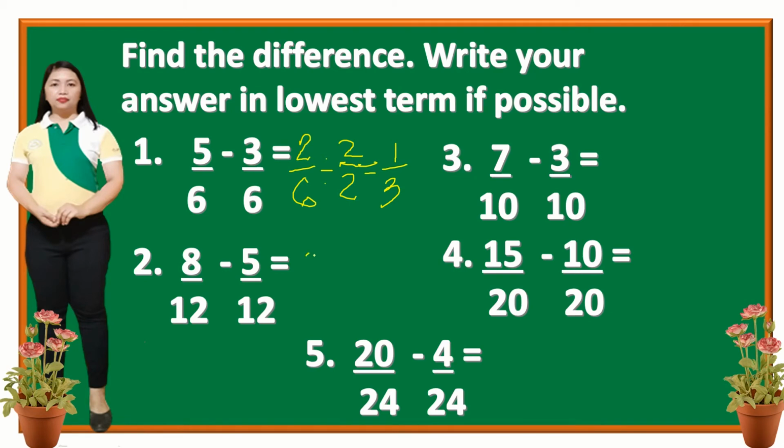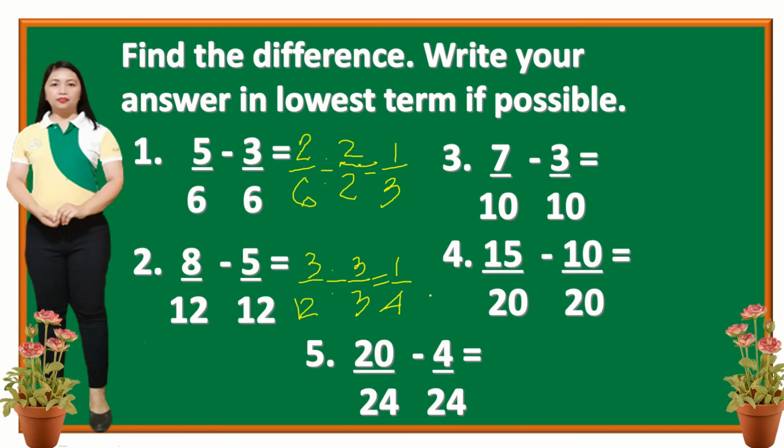What is 8 minus 5? That would be 3 over 12. Is this in reduced form? Not yet. So, both numerator and denominator will be divided by 3. What is 3 divided by 3? That would be 1. And 12 divided by 3 will be 4. So, your answer now is 1/4. Okay.